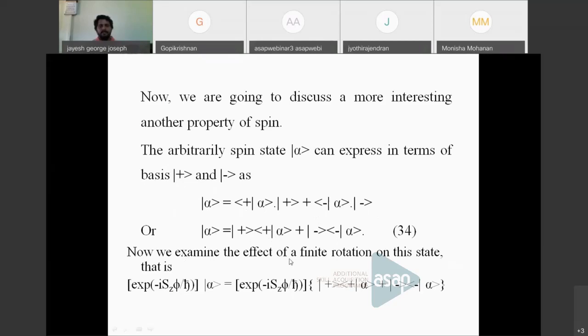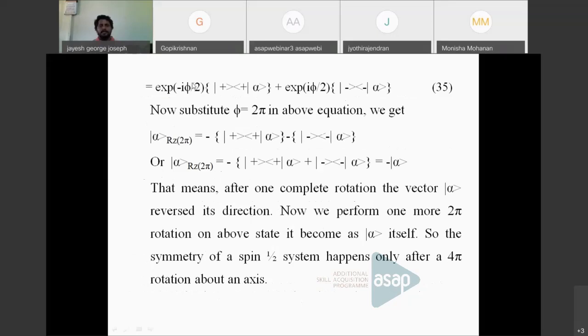Now we examine the effect of a finite rotation on this state. We are examining a finite rotation, and acting on it we get this value, with exponential minus i phi by 2 on this quantity. Now if we substitute phi equal to 2 pi in the above equation, we get a very remarkable property: alpha of 2 pi is equal to minus alpha.